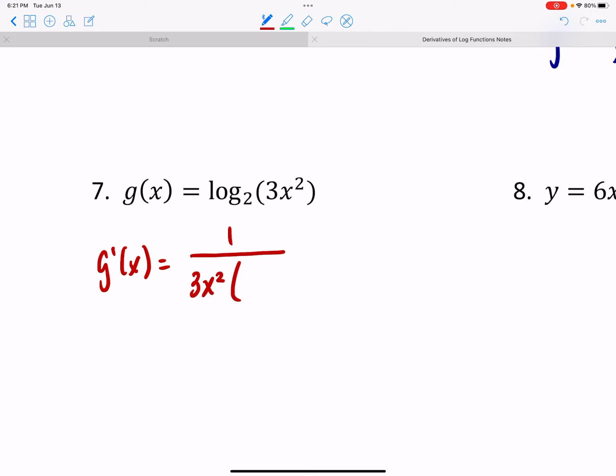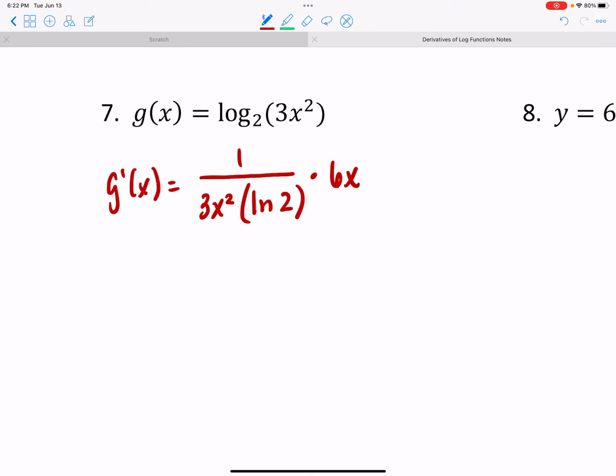That gets multiplied by the natural log of our base. And then because, again, this is not just an x, we're going to multiply by the derivative of that inner function. So the derivative of 3x squared would be a 6x. And again, I'm going to go ahead and just take that to the top of this fraction.